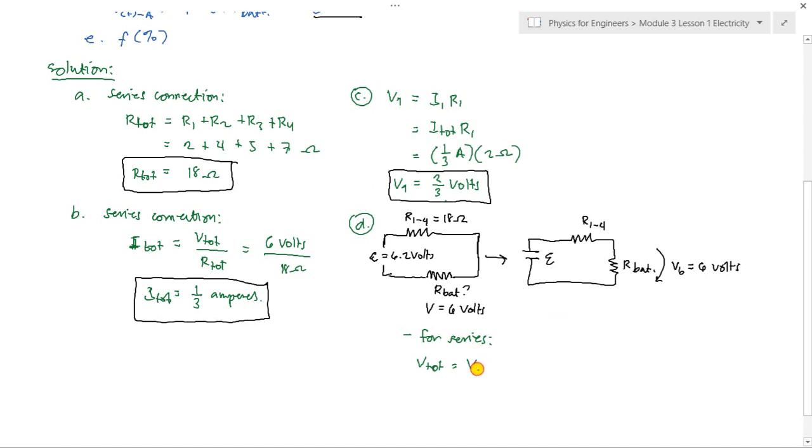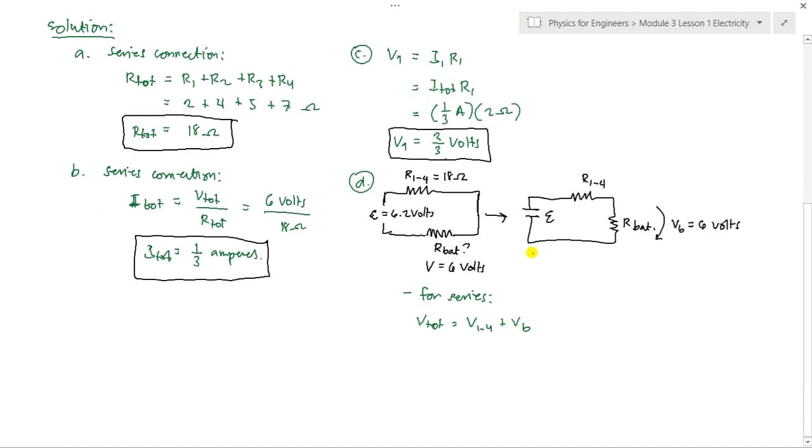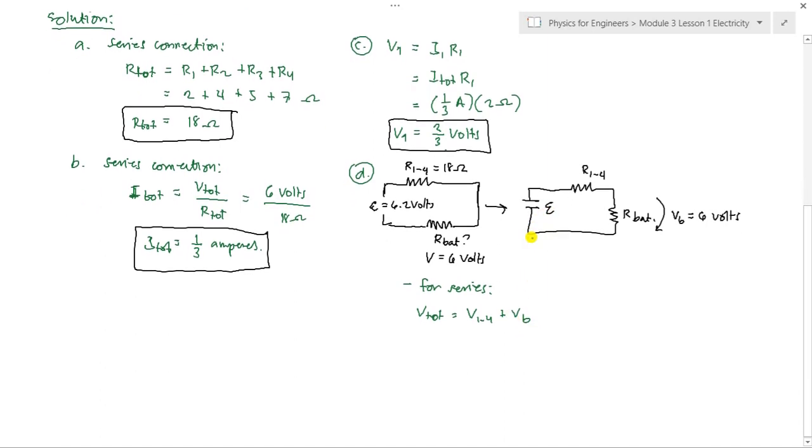That is voltage at resistor from 1 to 4 plus voltage of the battery. So here, the total voltage is E. So E here is 6.2, equal to the voltage from 1 to 4.